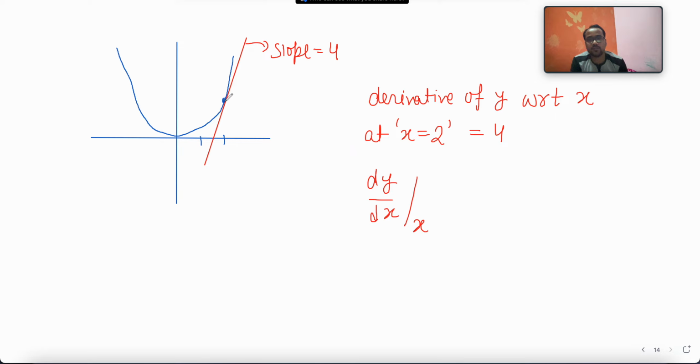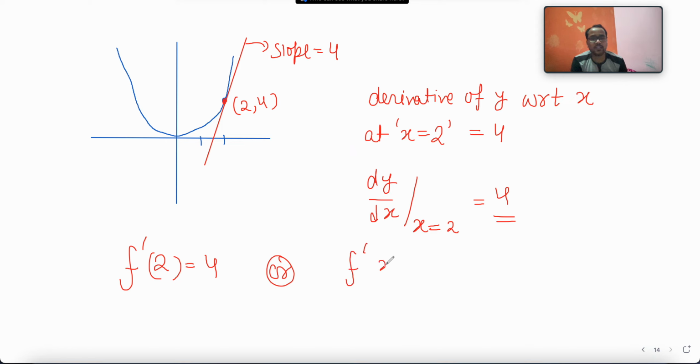And this is the point where x is 2, y is 4. So dy by dx at x equal to 2 is coming out to be 4. You can also write it as f dash 2 is equal to 4. You can also write it like f dash x at x equal to 2 is 4.